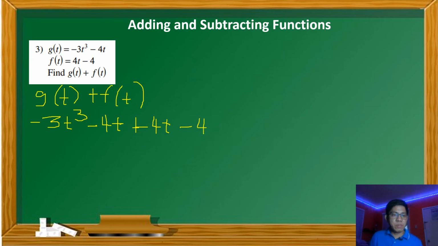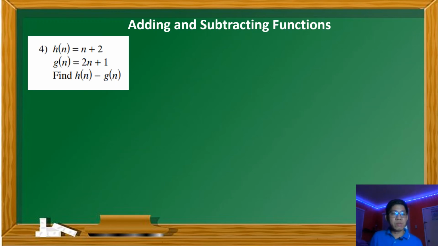Okay, so we have negative 3t cubed. Then negative 4t plus 4t, cancel out na yon kasi 0 na yon. Minus 4. So therefore, the answer is negative 3t cubed minus 4.